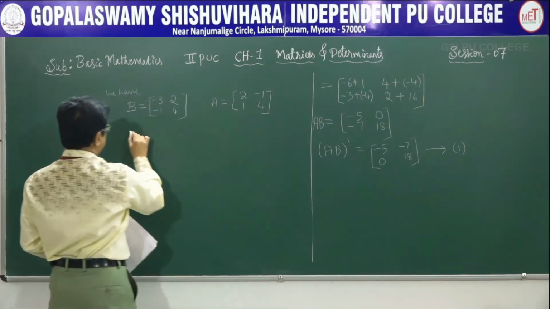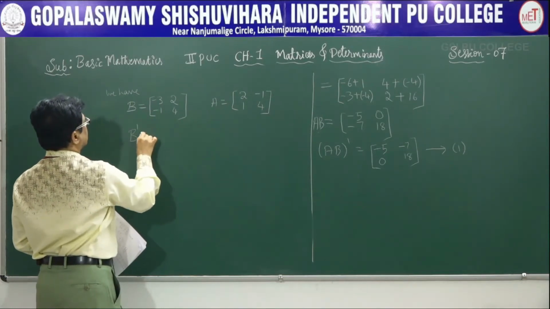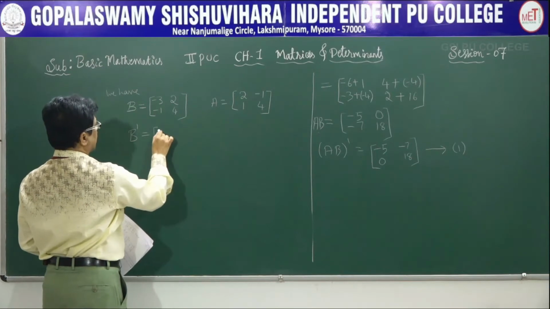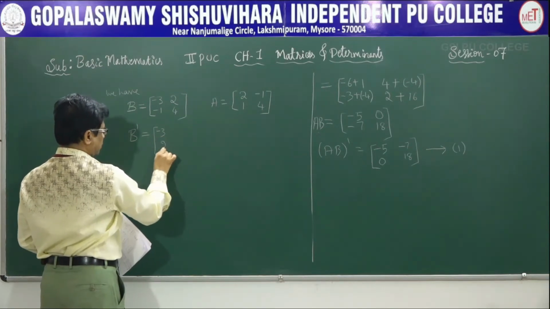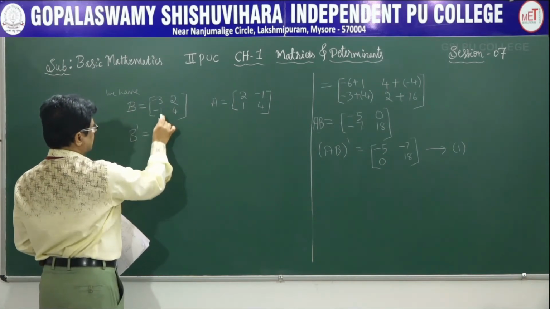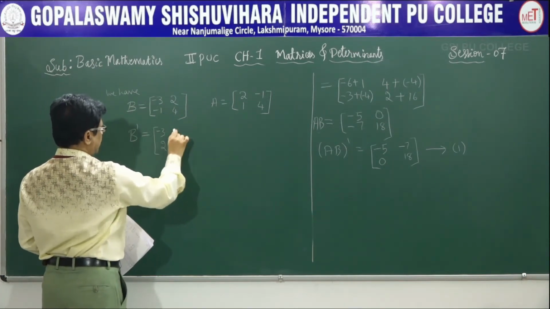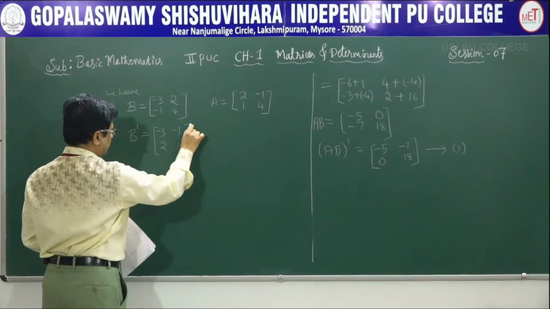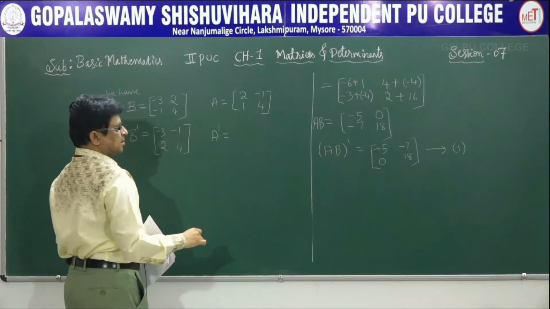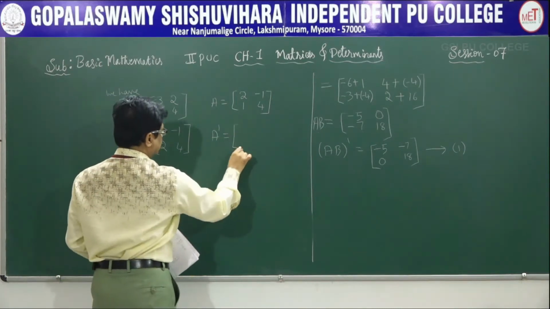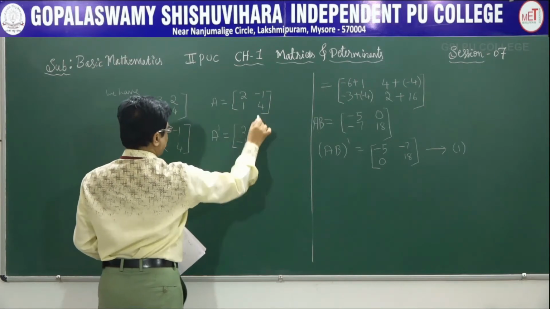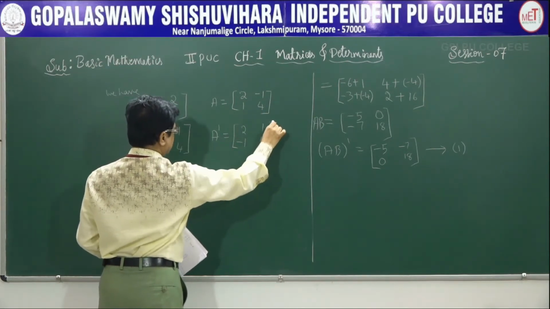Let us find B' equals minus 3, 2. That means the first row becomes first column and the second row becomes second column. So A' equals, first row becomes first column, second row becomes second column.